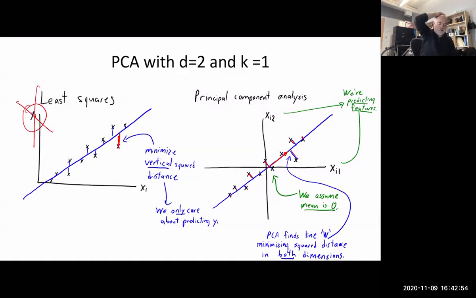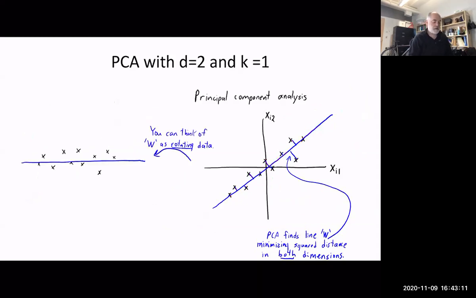So PCA is going to find the line W, or more to the point, the basis vector W, that minimizes the square distance in both dimensions simultaneously. When we get into the nitty gritty, what you're going to see is that we're going to constrain W to be unit length and orthogonal, and basically a rotation.